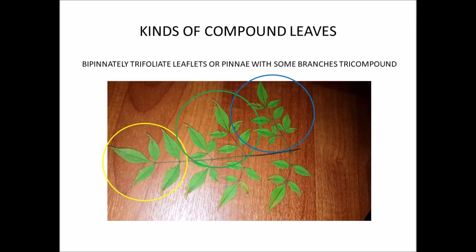And then if you move down to the blue circle, you'll see that lower down on the leaflet stem, there will be little trifoliate leaflets derived from the pinnules, or secondly divided leaflets. So this is an example of a heavenly bamboo plant called Nandina domestica, and you can see all kinds of divisions in this compound leaf.